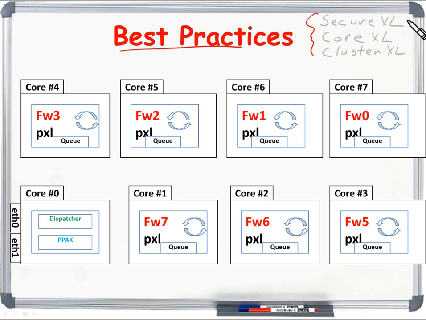SecureXL has some limitations, CoreXL has some limitations, and ClusterXL has limitations with regard to different packets and traffic profiles. For example, a lot of traffic cannot be accelerated, so you might not need a lot of CoreXL instances. You might want to have more SecureXL instances, or vice versa.